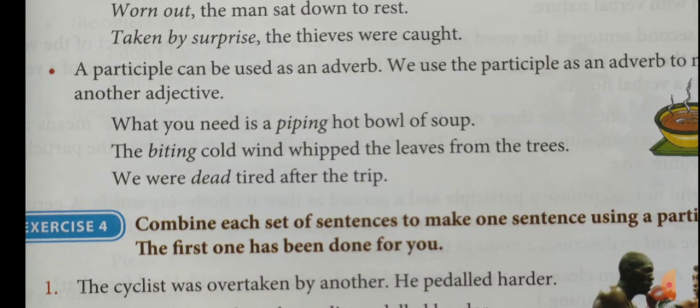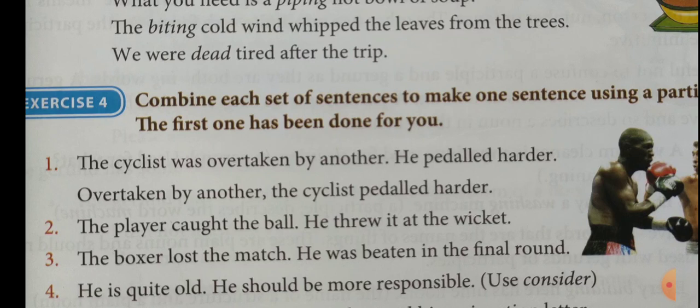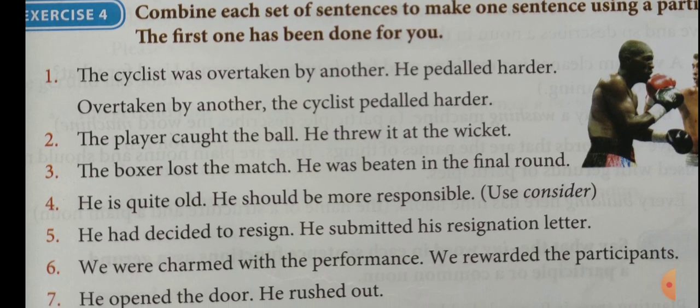Now exercise 4. Combine each set of sentences to make one sentence using a participle. The first one has been done for you. The cyclist was overtaken by another. He pedaled harder. Overtaken by another, the cyclist pedaled harder.